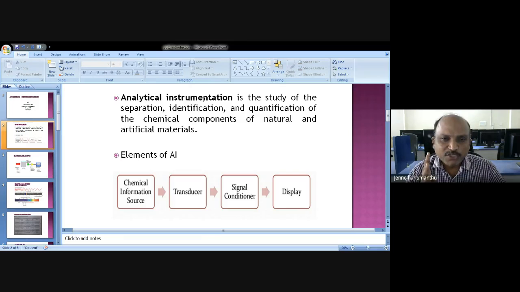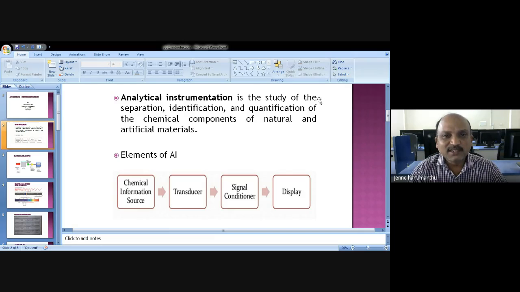The complete four chapters of analytical instrumentation describe different methods and techniques applied on chemical components, so that we can separate the chemical components, identify them, and also determine how much quantity is available in the sample.